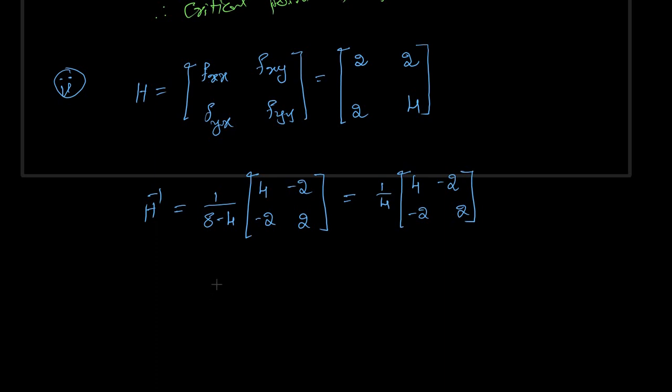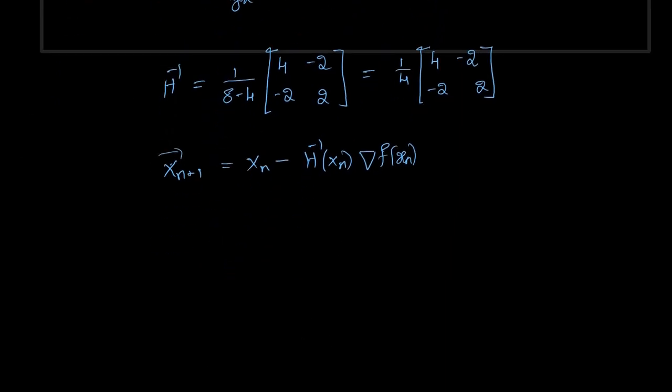Now to employ the Newton-Raphson method, I hope this is enough. Maybe you know fx and fy also. So let me recall the formula. x_{n+1} bar equals x_n minus the Hessian matrix inverse evaluated at x_n into the gradient of f evaluated at x_n.